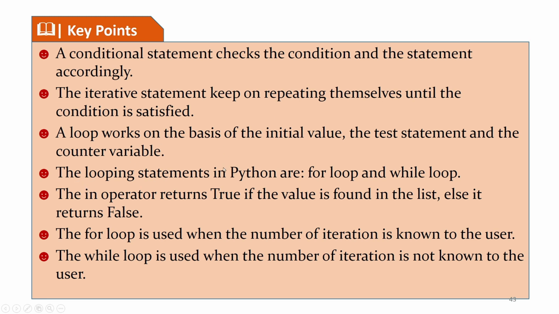The looping statements in Python are the for loop and the while loop. The in operator returns true if the value is found in the list, else it returns false. The for loop is used when the number of iterations is known to the user beforehand, and the while loop is used when the number of iterations is not known to the user.